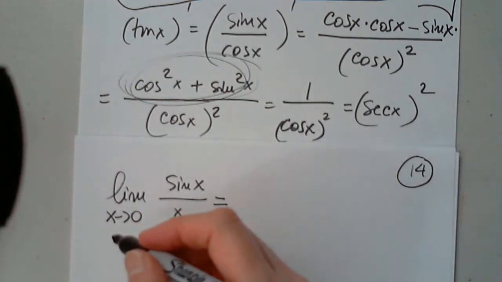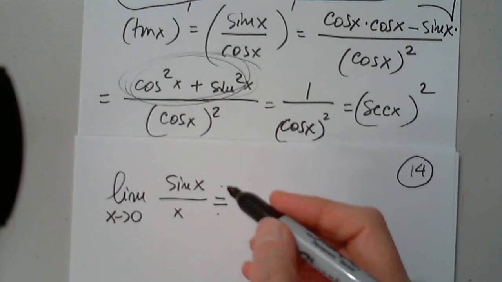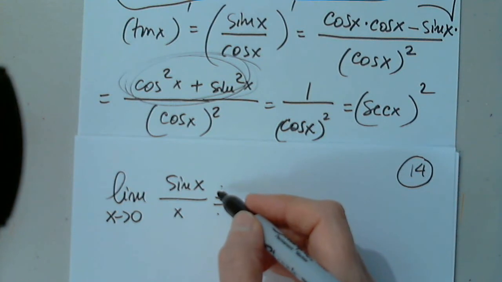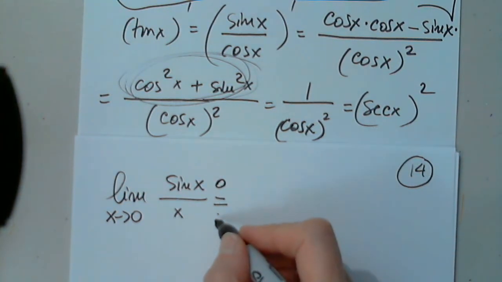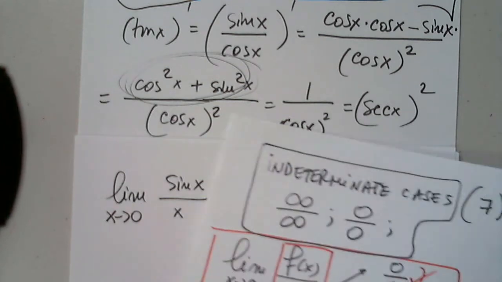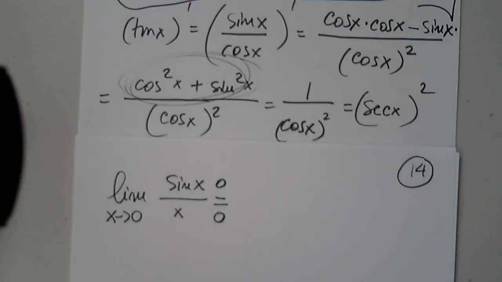So when I plug it in, where is the numerator going and where is the denominator going? Zero. Good. And the denominator? 0. Excellent. So 1, 2, 3. If I have 1, 2, 3, what do I do? We use the rule. L'Hopital's rule. Excellent.